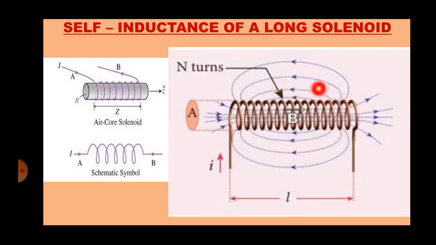This is the magnetic field. This magnetic field is almost uniform and is directed along the axis of the solenoid.